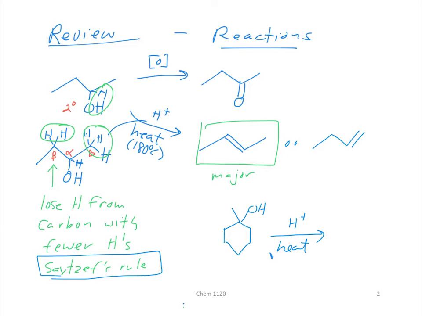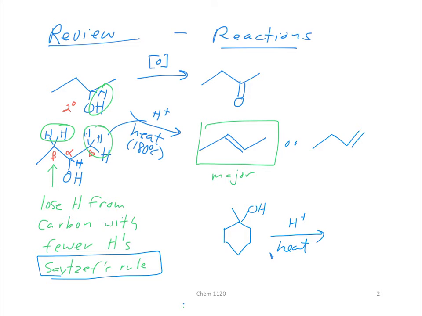What would we get? If we see this, we have to say there's an alcohol. The reactions I can do with alcohols are oxidation and dehydration, but with H+, that's the dehydration.